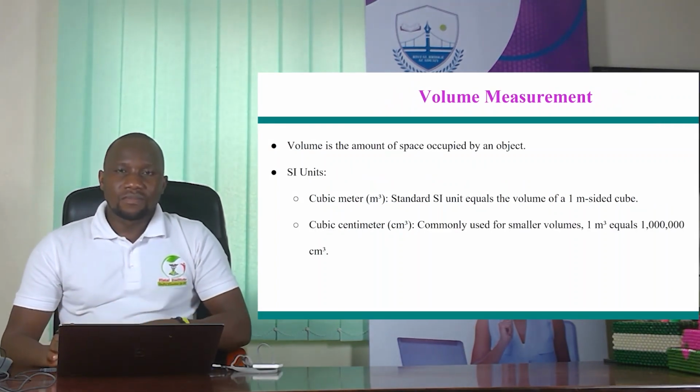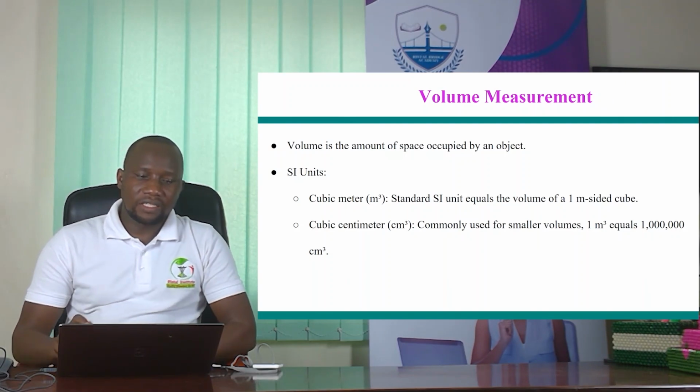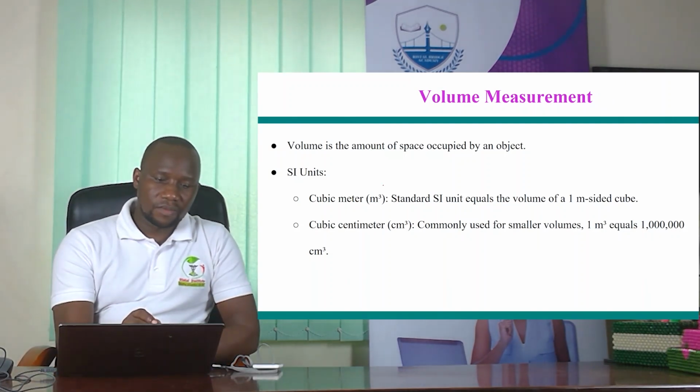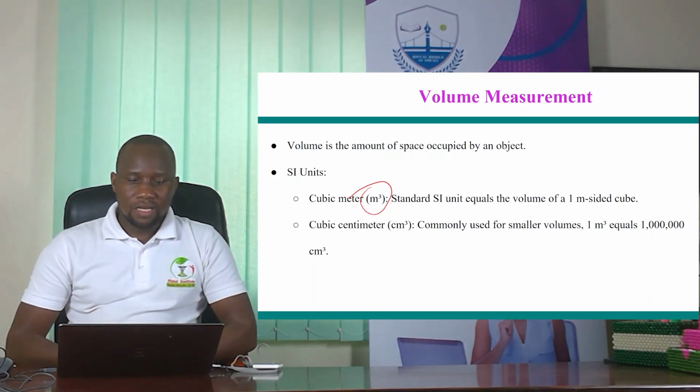Volume is also something that we deal with a lot in chemistry. It's the amount of space occupied by an object. The SI unit is meters cubed. But convenience is very important.